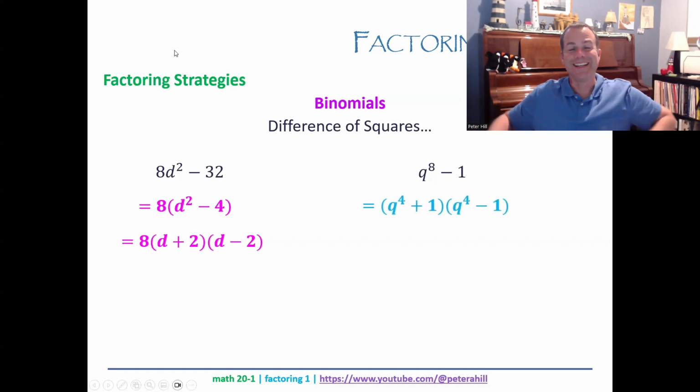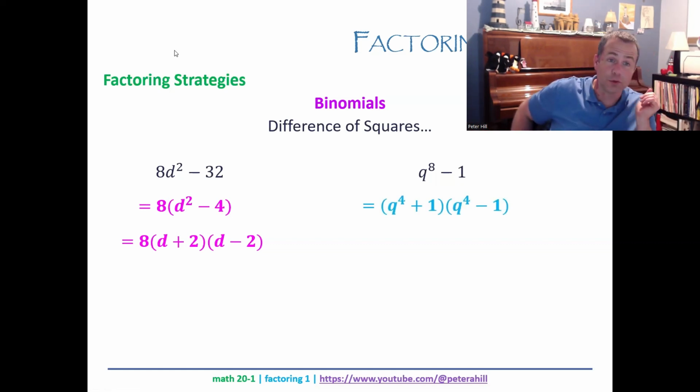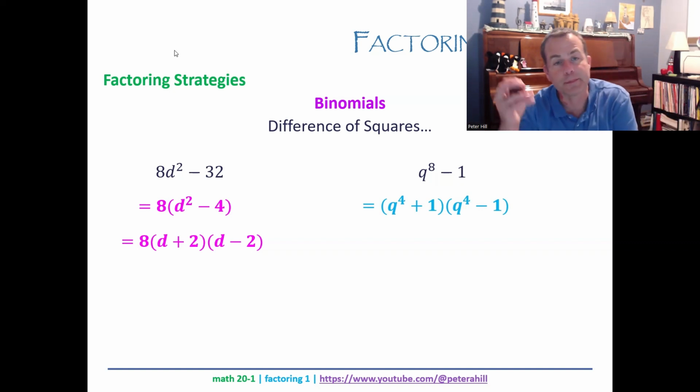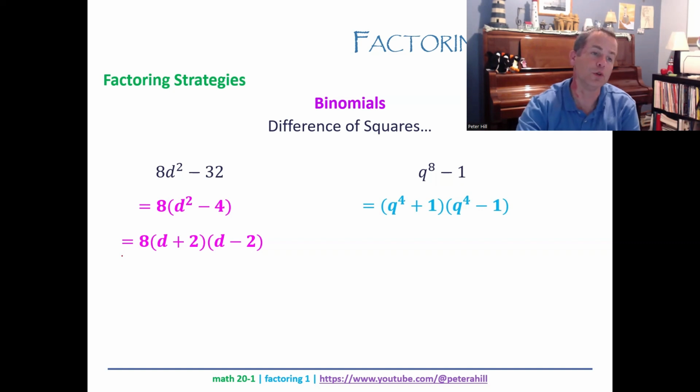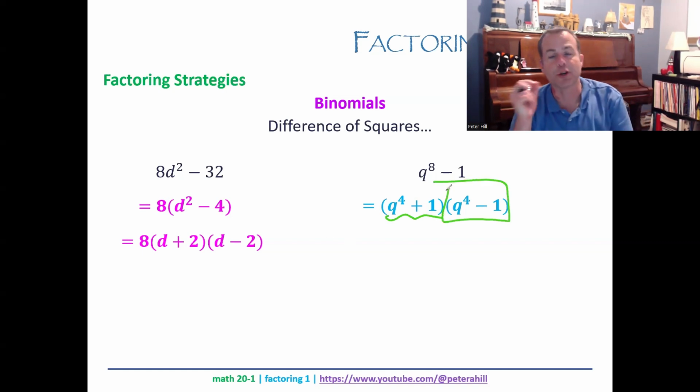Now, friends, the other reason I like this question is because now I can have a conversation as to we're not done. Remember, you want to factor until you can't factor anymore. So when I take a look at this, there is nothing I can do with that, friends, because that's an addition of squares. You can't do anything with an addition of squares. But this guy is a subtraction of squares. It's still a difference of squares. So I'm going to take that guy and go further.